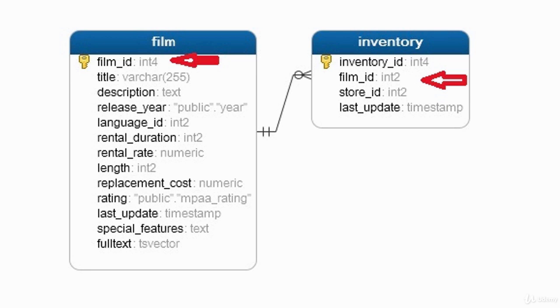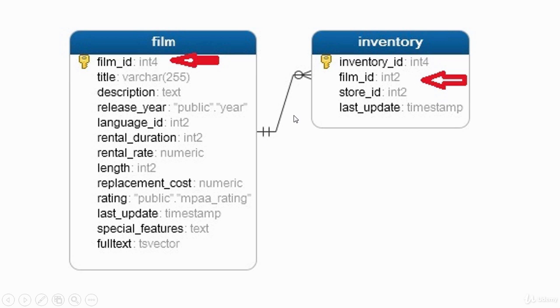This table here, called the film table, has a primary key, which is the film underscore ID. If you look at the inventory table, it also has a film ID column. So these two tables have a relationship, and we can perform a join based on the matching columns from both tables.